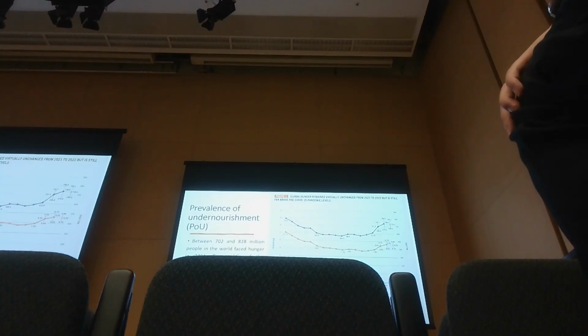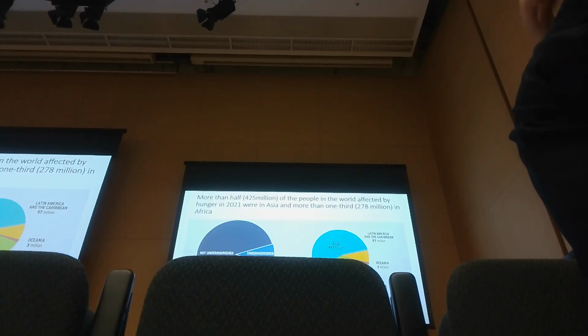Some of the data: hunger affected 46 million more people in 2021 compared to 2020. And we'll discuss some other factors that may have continuously increased those numbers over the past few years. Okay, so that's the potential impact of COVID-19, not just hitting the population in a lot of different aspects. In terms of undernourishment, it also had a very bad impact.